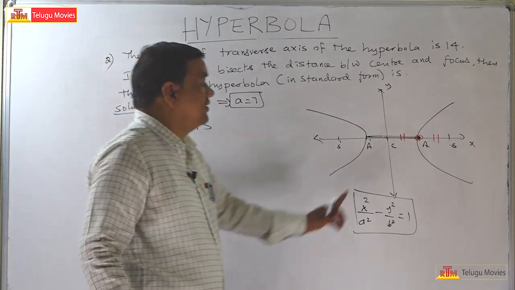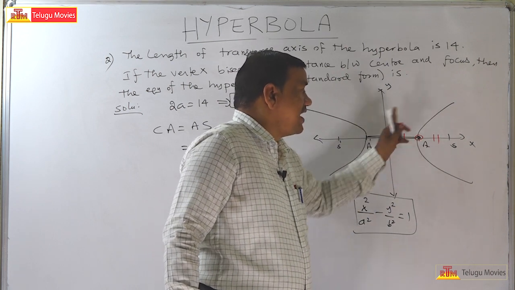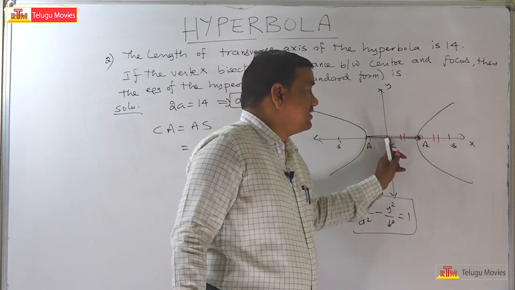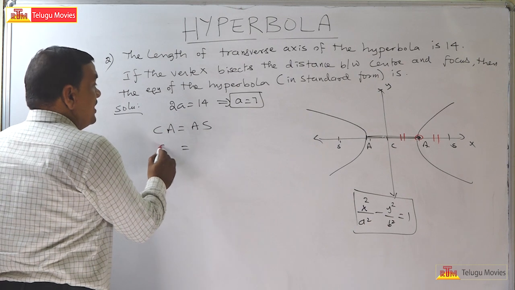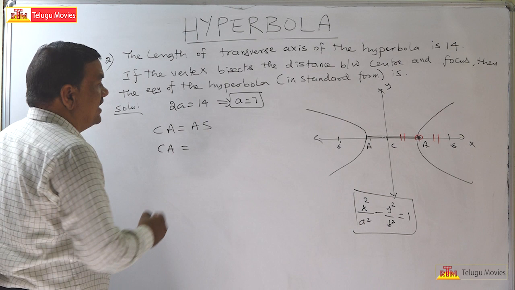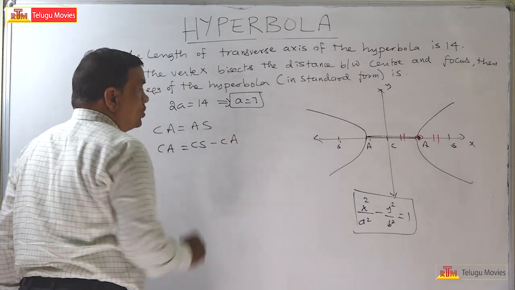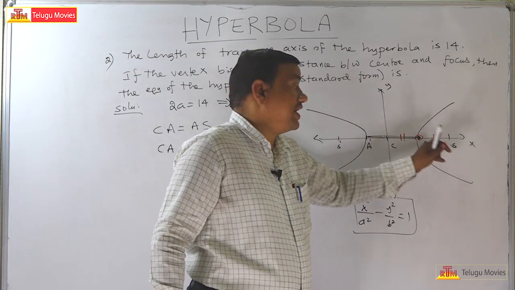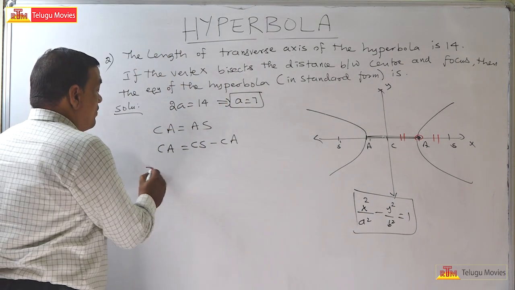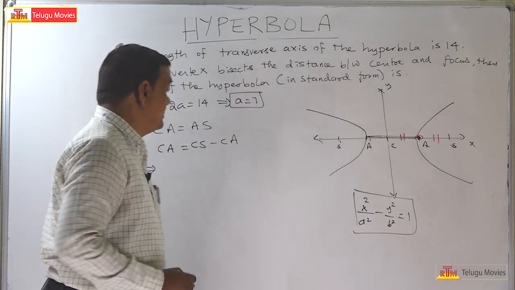Once again, see the diagram: AS means total CS minus CA. Total CS, from the center to the focus, minus C to A. If I subtract, then you will get AS. Now coming to our notation, CA, the distance between the center and the vertex, is a.